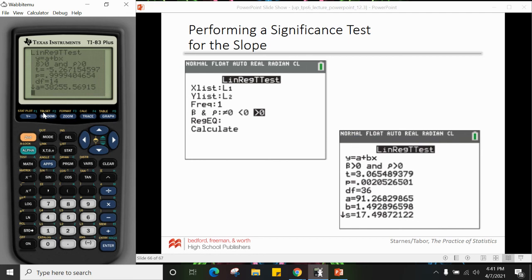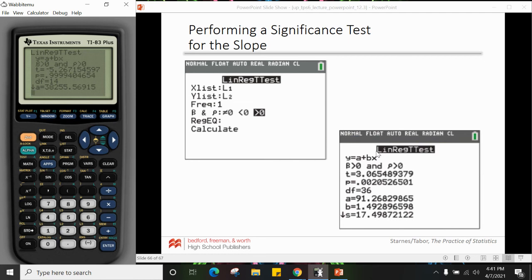Then you just press calculate, and then this would be my t-test from the problem before. And obviously it's going to be different because my data is substantially different. But this is what you'd get out of your calculator.